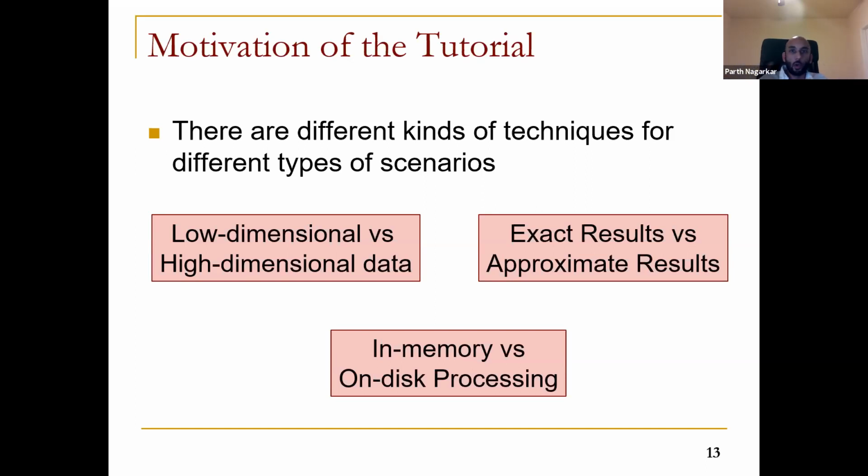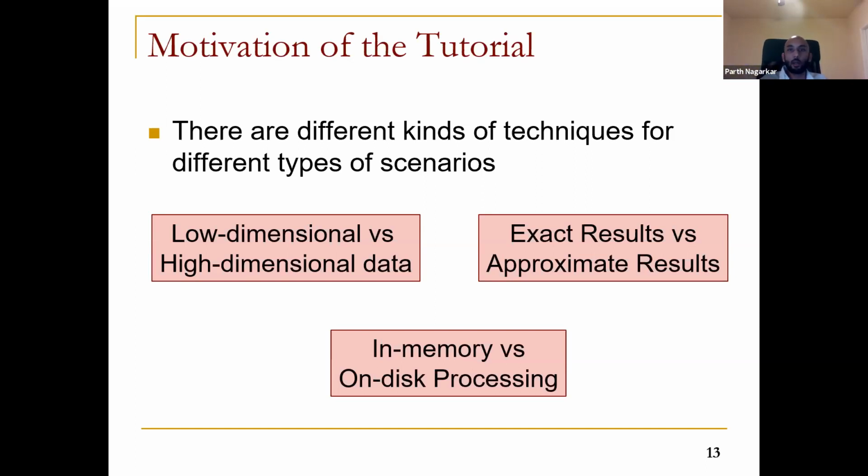And also, since we are dealing with really large amounts of data, one important question is whether the index structure or technique is completely in memory. That means that your memory should be really big to fit your data and the index structure. Or is the data structure capable of on-disk processing, where the data and the index structure can be on the disk?